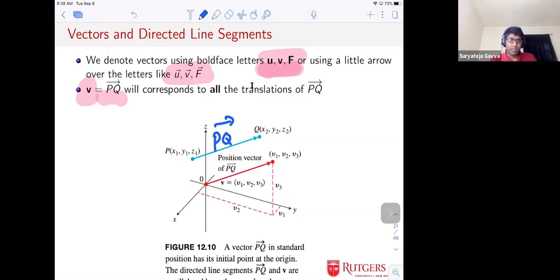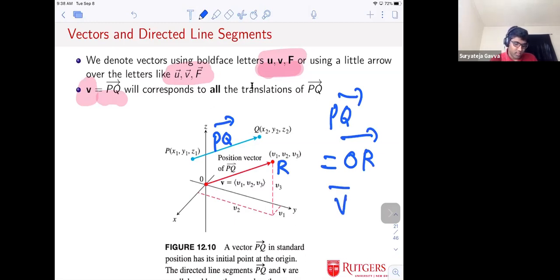The vector PQ and the vector OR have the same direction and same magnitude, so both are the same vector and are denoted by this boldface V, for instance. When I write by hand, I write just an arrow on V. If I write with a computer, I use boldface V. So this is basically about the notation.